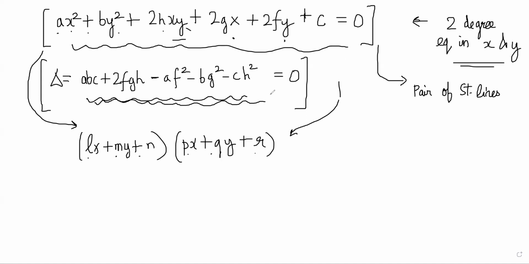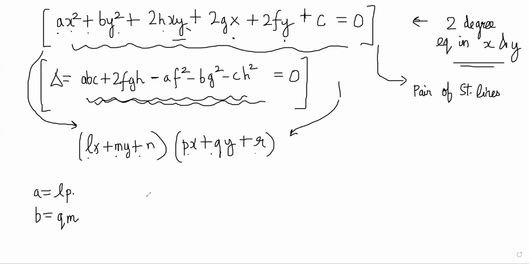Do you see any way in which it can be easily proved? It's almost like you'll have to multiply it out and check everything. For example, if I have to get A, A should be LP, right? B should be QM.